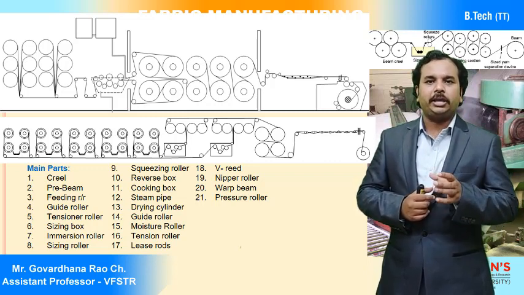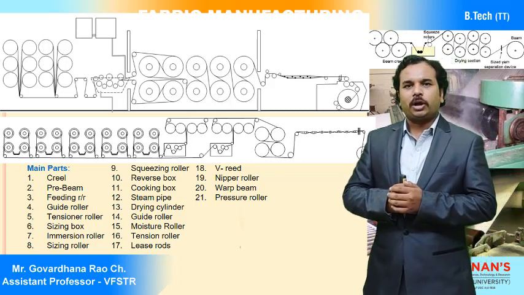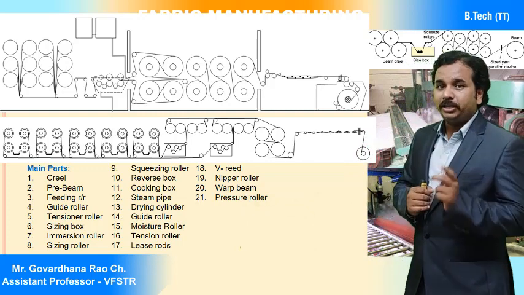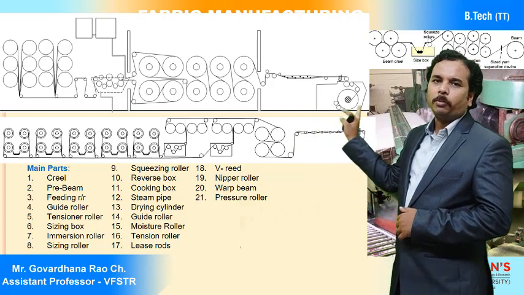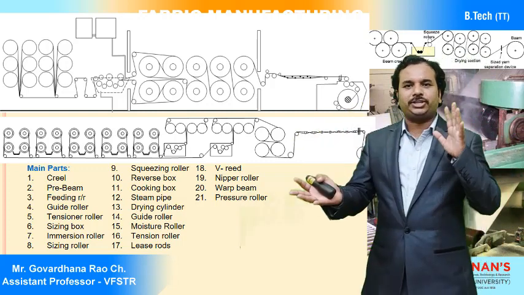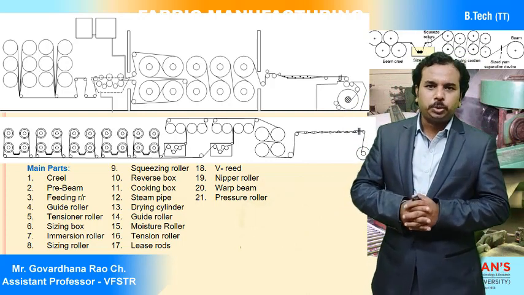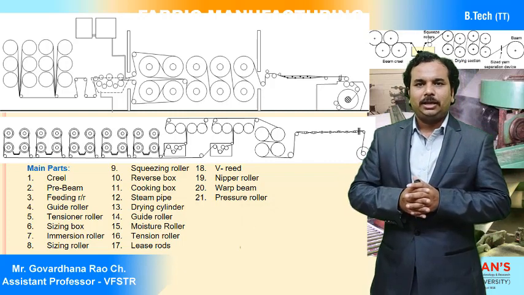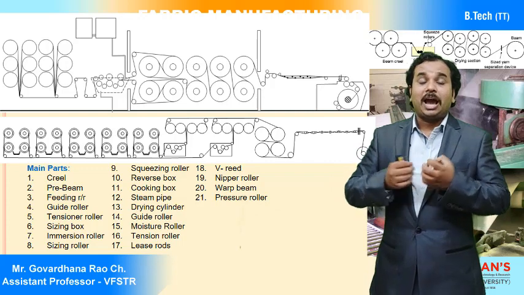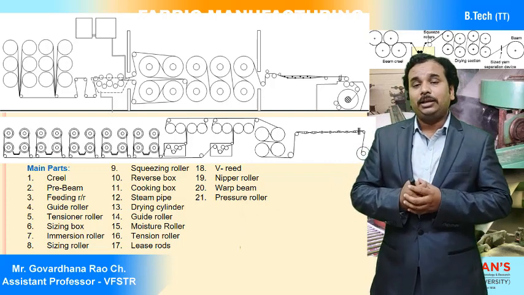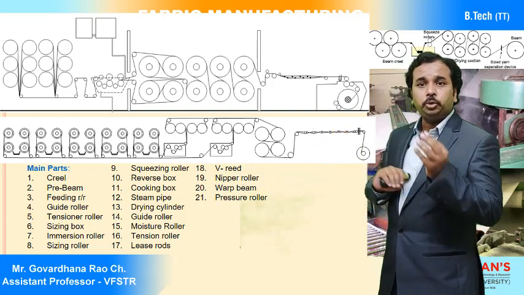If it is very high, like 10,000 or 12,000 ends required in one beam, then we split the warp sheet in the creel zone, and after the size box we split it into two sections. These two sections of warp sheet are passed through separate drying cylinders for efficient drying and efficient sizing.